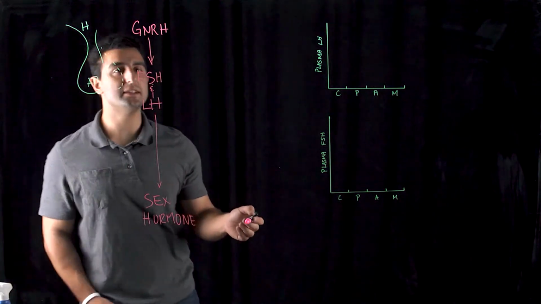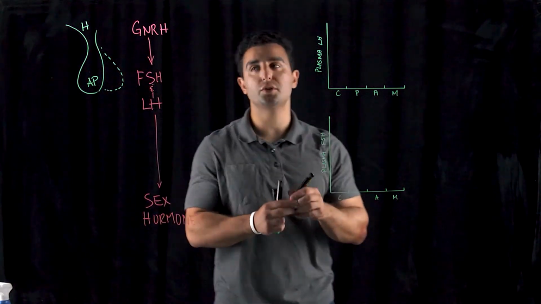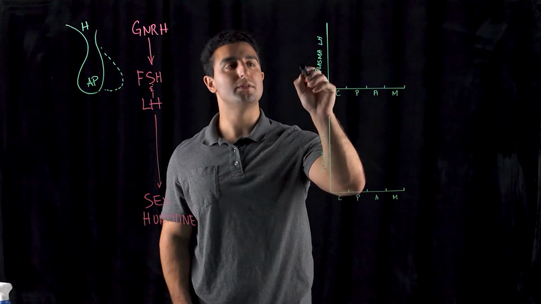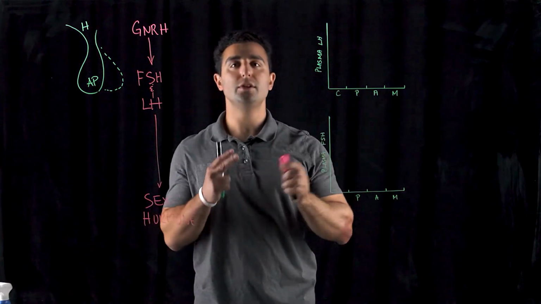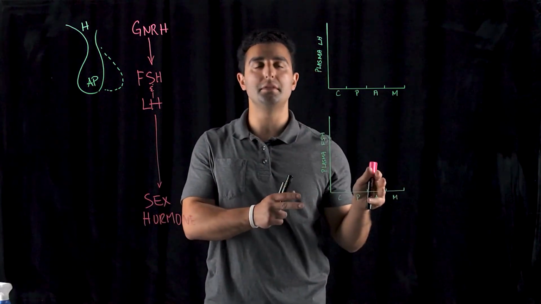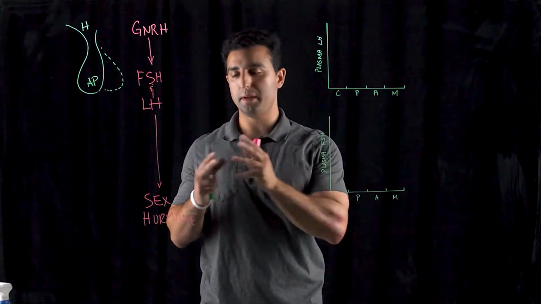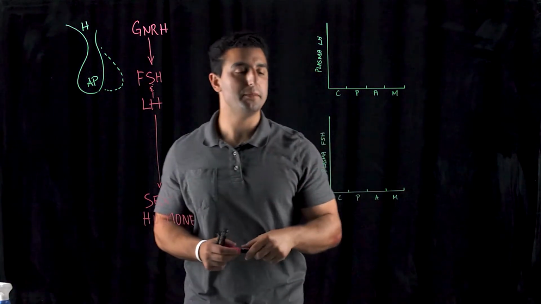The basic point of this lecture is just to show you the concentration of the gonadotropins, the LH and the FSH, and how they change throughout the lifetime of the baby, which eventually becomes the man or woman.